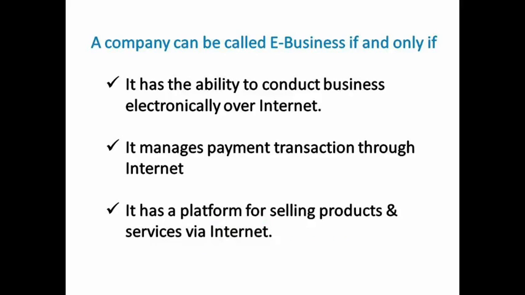A company is said to be an online company, or is called an e-business, only if the company has the ability to conduct business electronically over the internet. The second condition is that the company manages all its payment transactions through the internet only. And the company is called an e-business only if it has a platform for selling all its products and services through the internet. Then only is any company called an e-business.